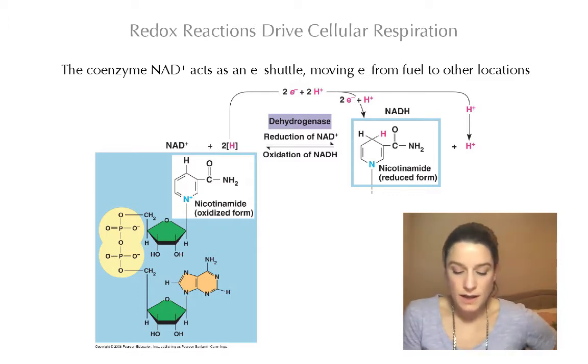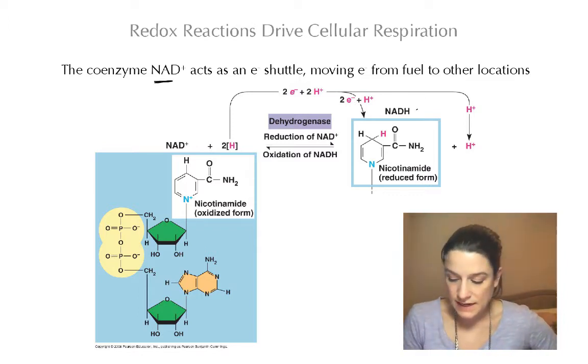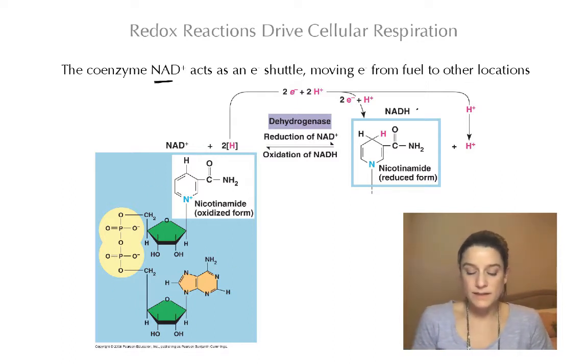Here is your NAD plus and your NADH, what it goes to here. So it's a relatively large molecule. It's a coenzyme. We usually just call it NAD plus or NADH though. So you can see its name, nicotinamide adenine dinucleotide.